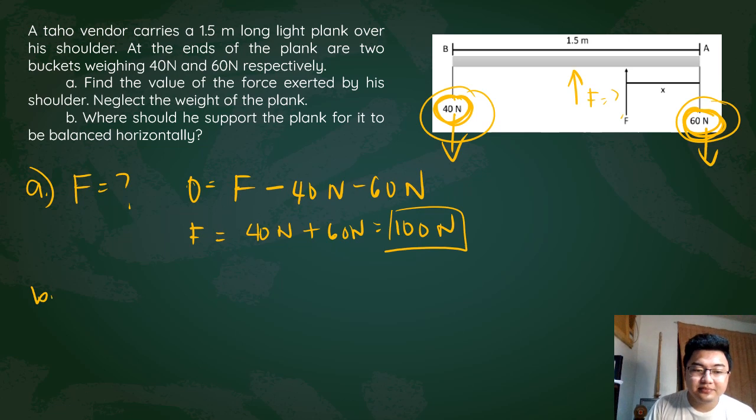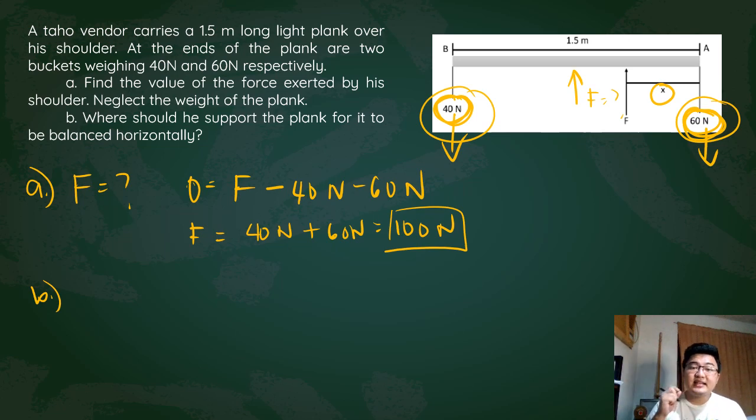Now for B, we need to identify where our taho vendor should place his shoulder so that the buckets, or the plank, will neither rotate clockwise nor counterclockwise. So let's solve for the position where the taho vendor should place his shoulder.